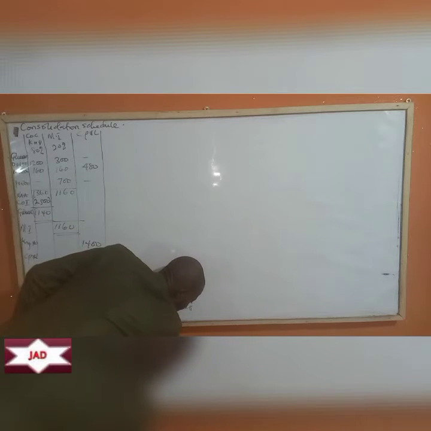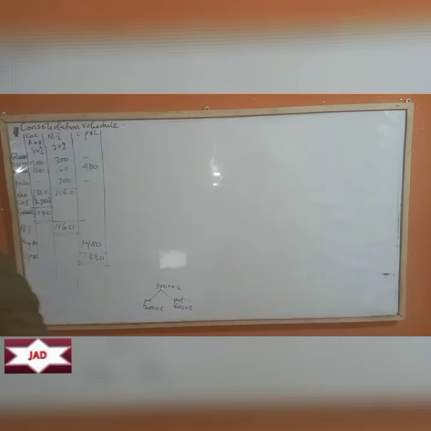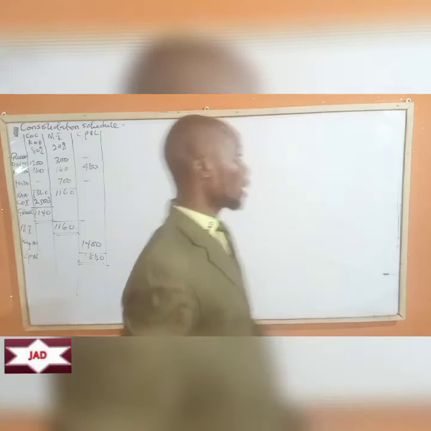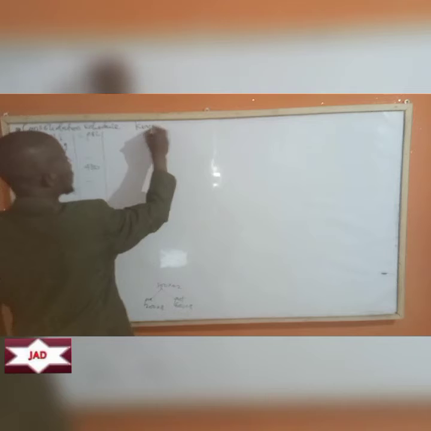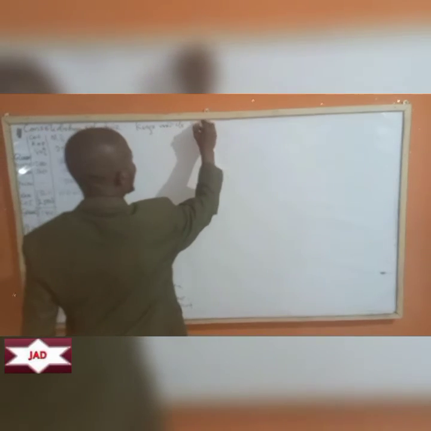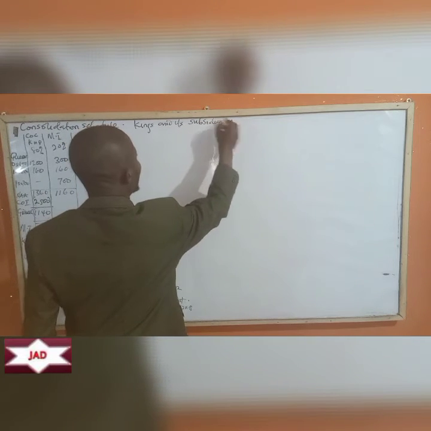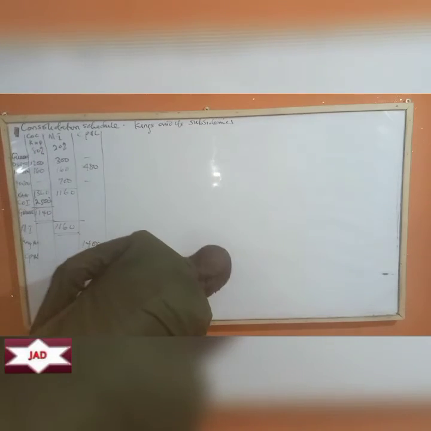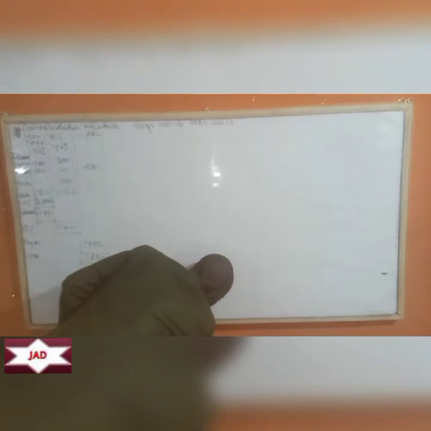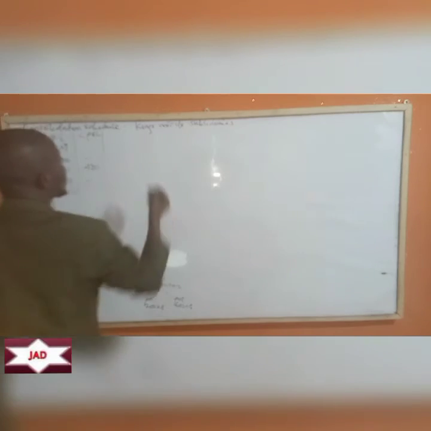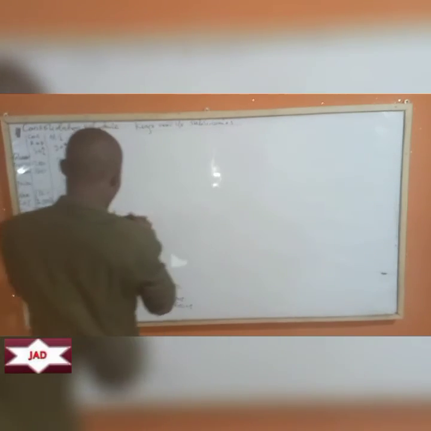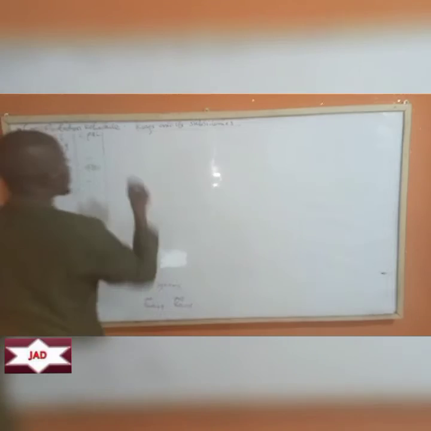So with this now we can prepare the consolidated statement of financial position. Okay? So let's go. We'll say Kings and its subsidiaries.